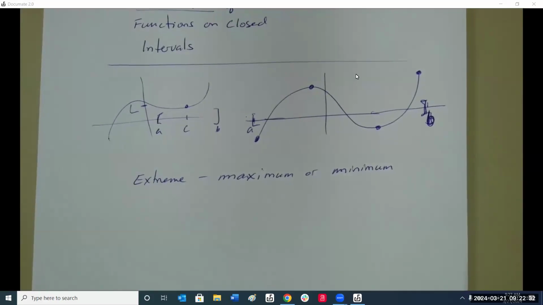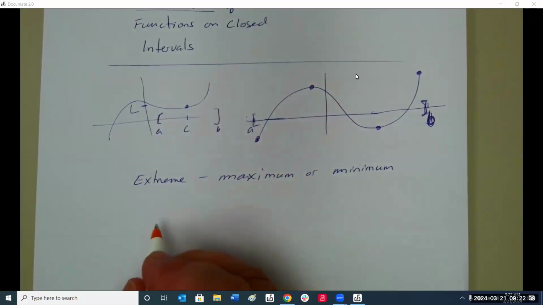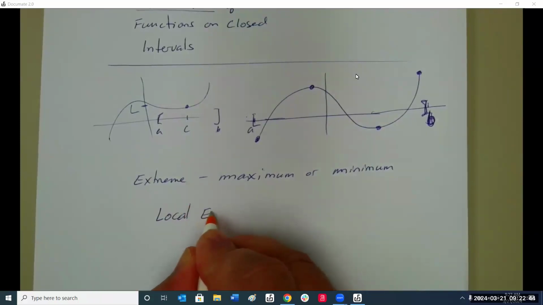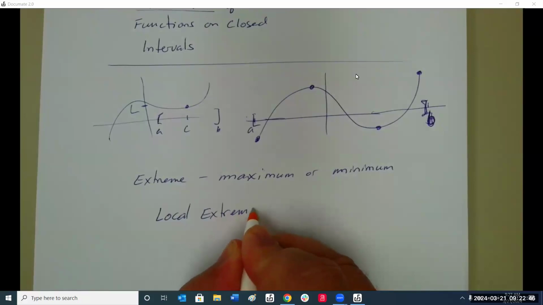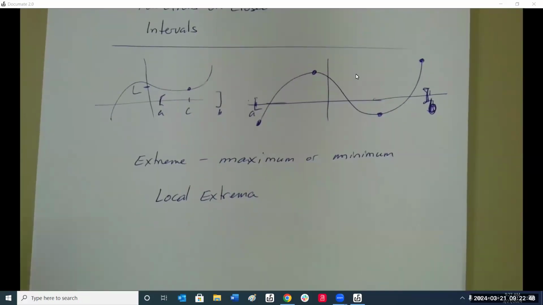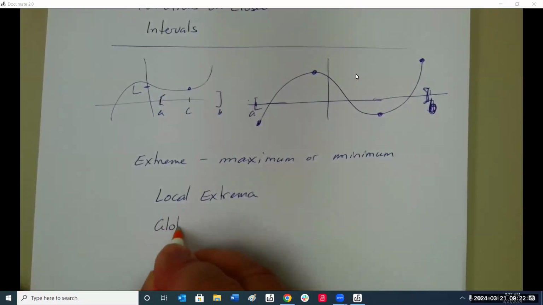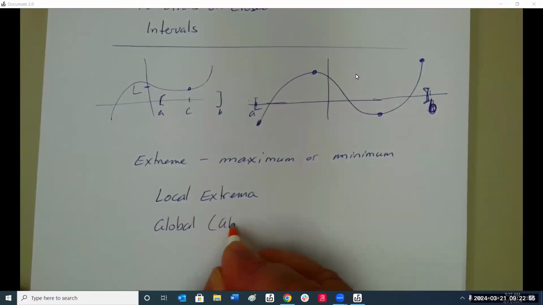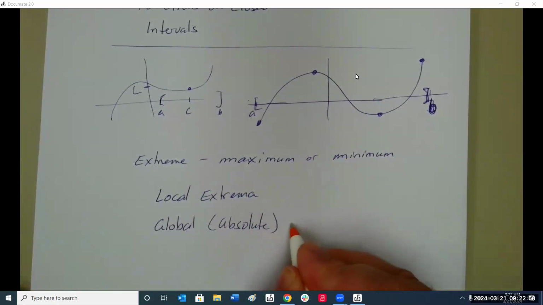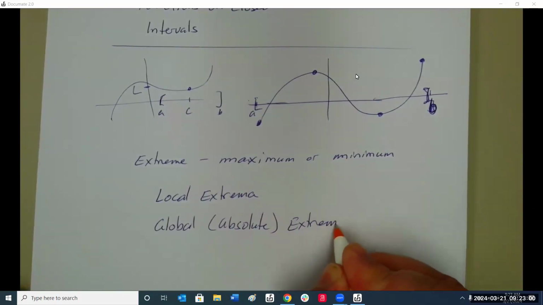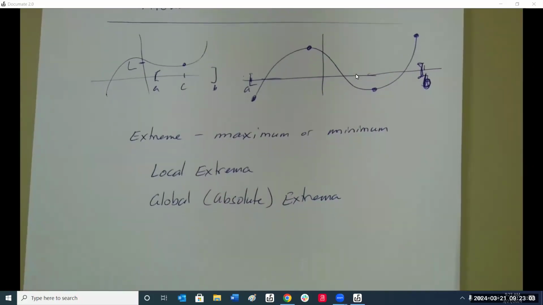But now, is there one definition of maximum minimum? No, because we can have a local extrema, which means on a smaller interval, or we can talk about a global or absolute extrema. That means over the entire thing.